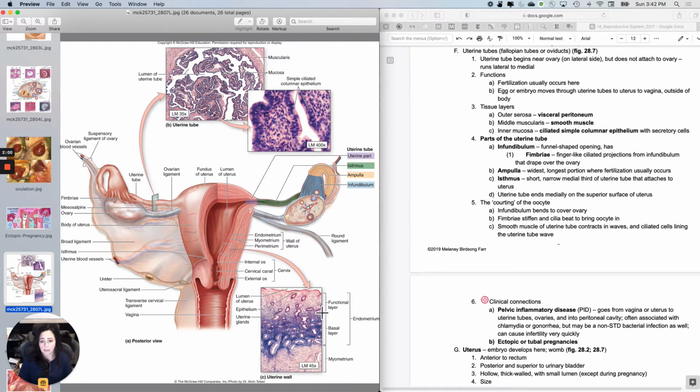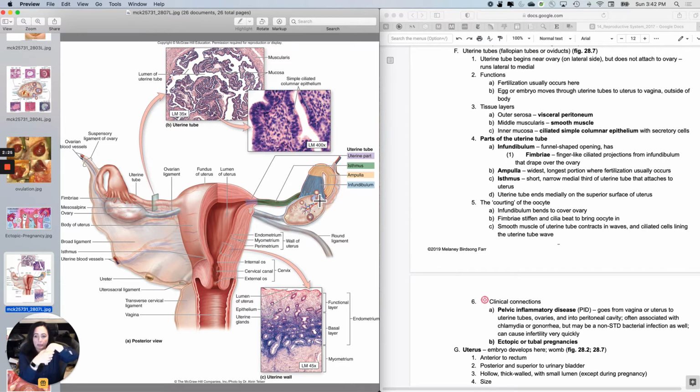And then the inner layer, we learned way back at the beginning of the semester, is ciliated simple columnar epithelium. Can't really see that it's ciliated here, but it is ciliated. And that is for the courting of the oocyte that we talked about before. All right, so the parts: this portion right here folds over the ovary.